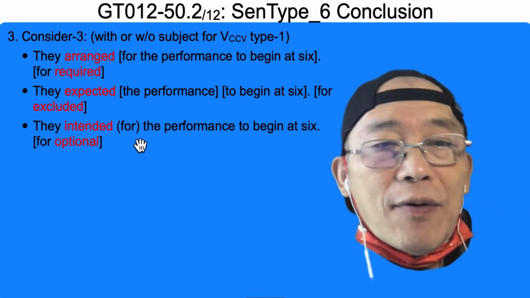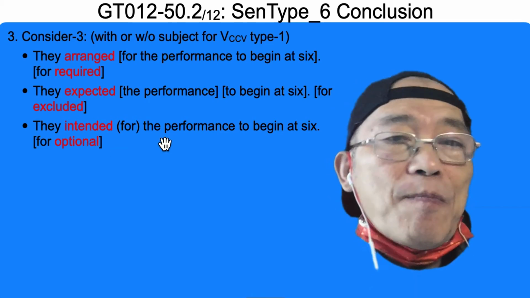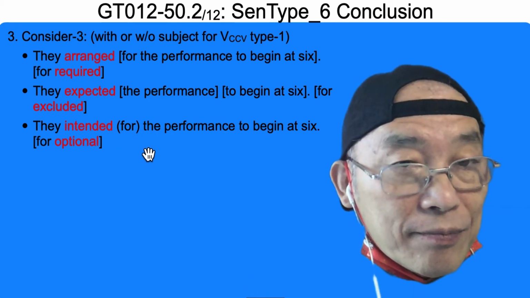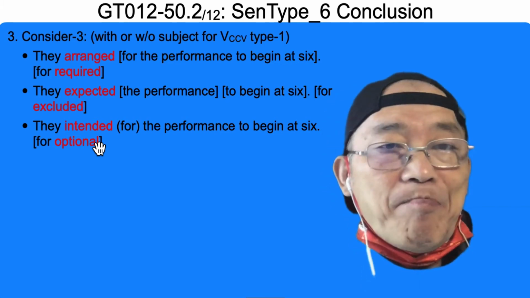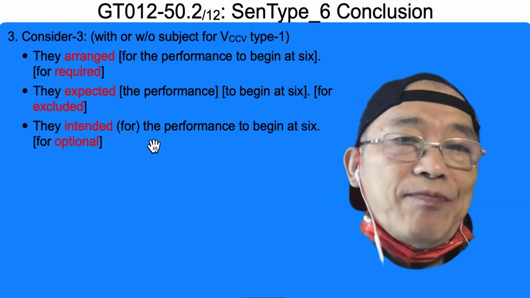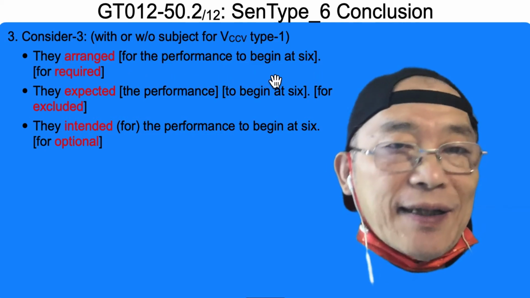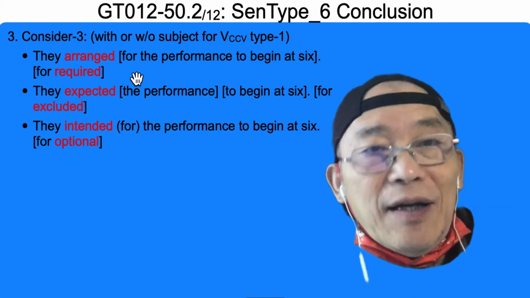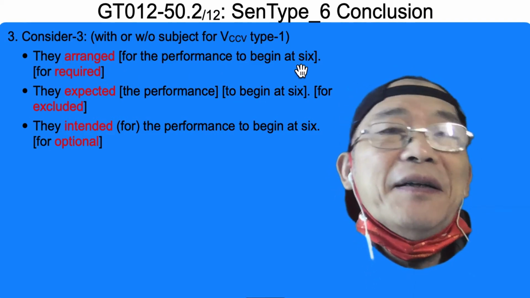So, with the for, simple catenative structure. Without the for, complex catenative structure. But even for the for, we still say that it's for complex catenative structure.